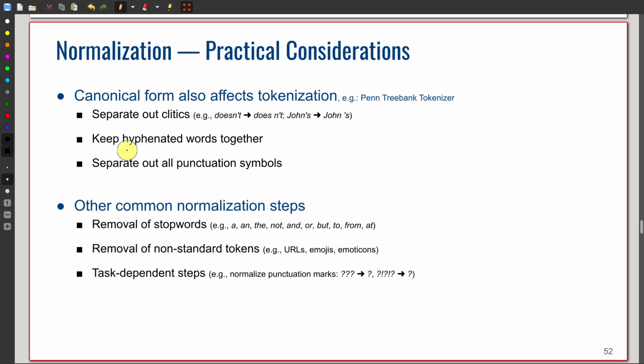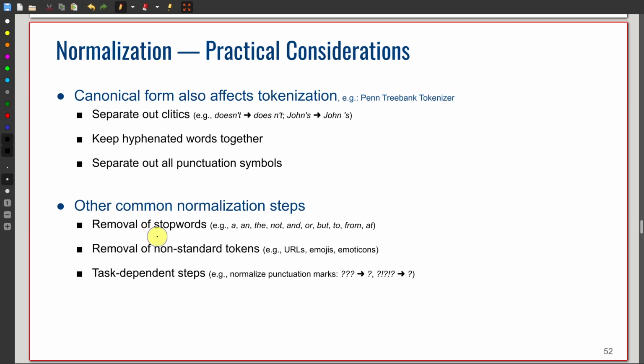We might keep hyphenated words together in tokenization, but that means when we're trying to apply normalization like stemming or lemmatization, we might not be able to undo the normalization properly for the first part of the hyphenated word.